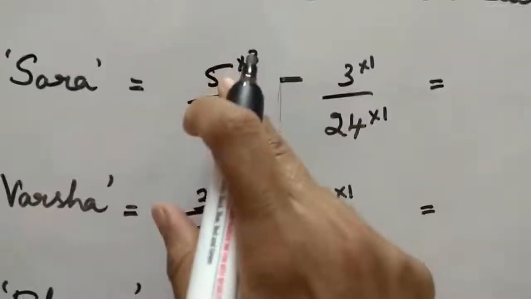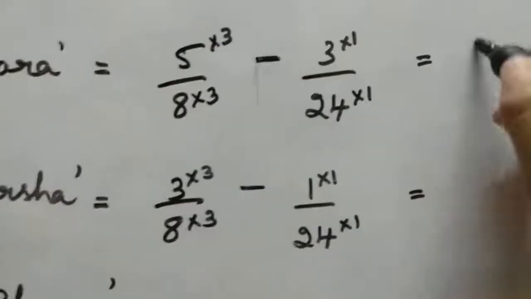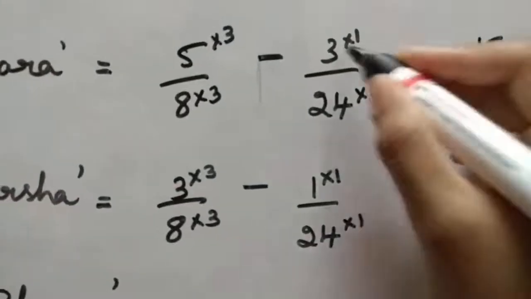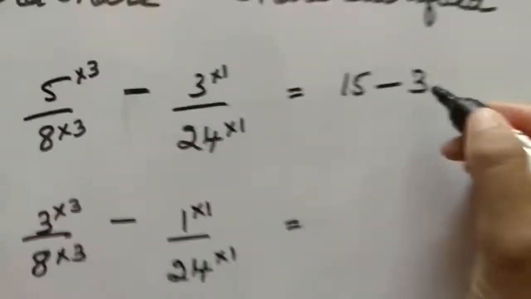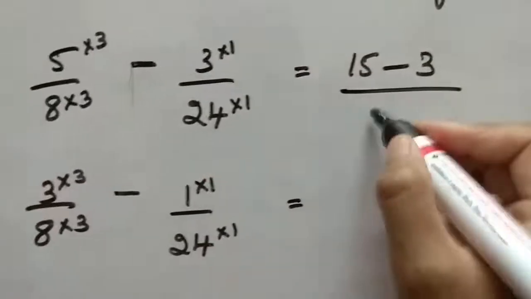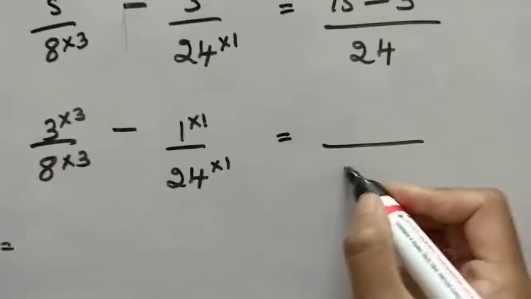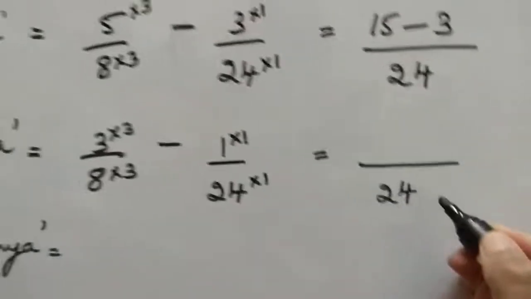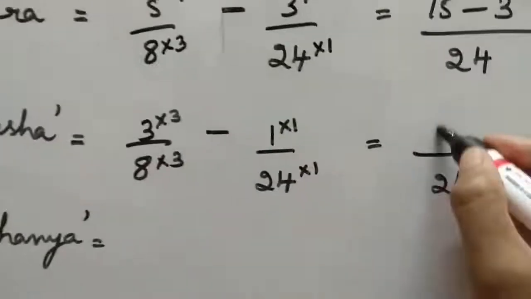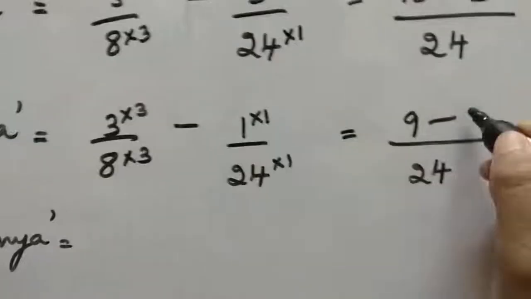Now let us go for the next step. 5 3s are 15 minus 3 1s are 3. So now the LCM will be 24 for both. The denominator is going to be equal. 3 3s are 9 minus 1 1s are 1.